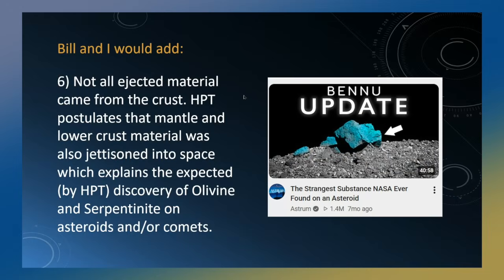Continuing on, not all ejected material came from the crust. Hydroplate theory postulates that mantle and lower crust material was also jettisoned into space, which explains, by the hydroplate theory, the discovery of olivine and serpentinite on asteroids or comets. And this was shocking.